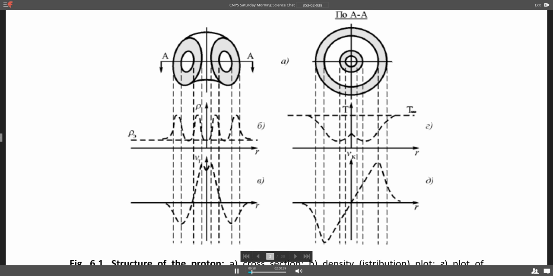it's shown that toroidal vortex form. Can you see here two cross sections, right? One is the vertical cross section on the left side, and the horizontal cross section on the right hand side. And these diagrams show the distribution of density, distribution of temperature, and on the right hand side, distributions of velocities of movement of those ether particles along the toroidal directions.